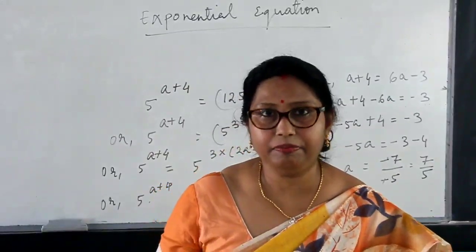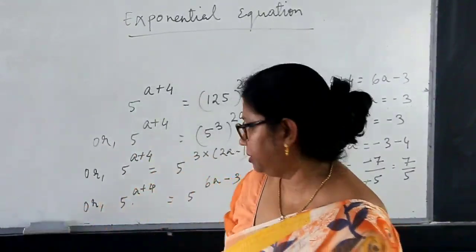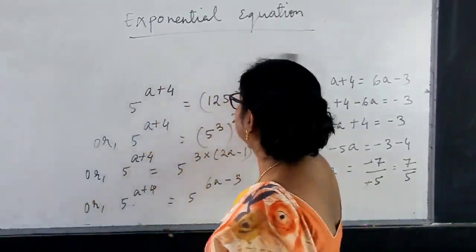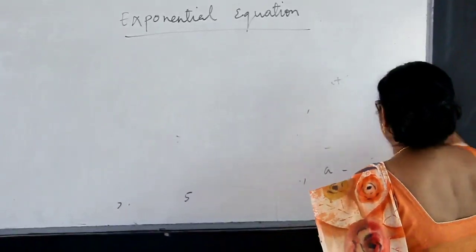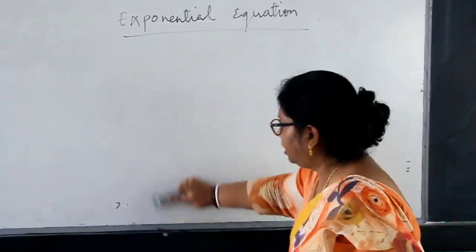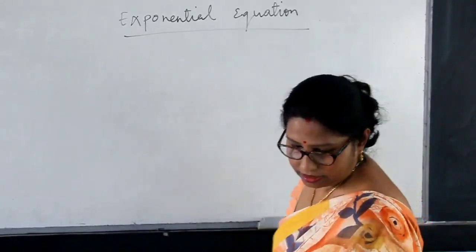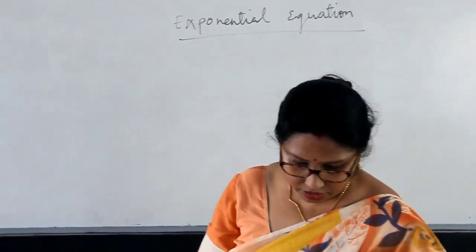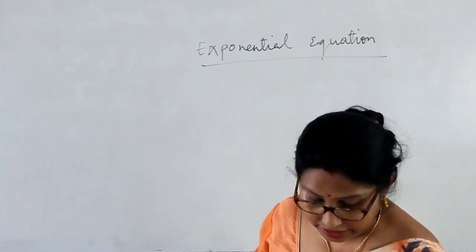So this type of some more examples we are going to discuss here. Now that exercise we are going to take, and we are going to discuss few examples from that exercise.